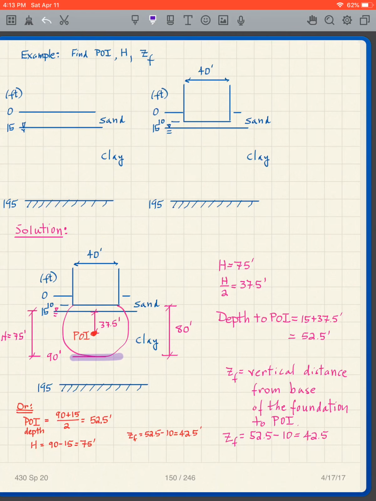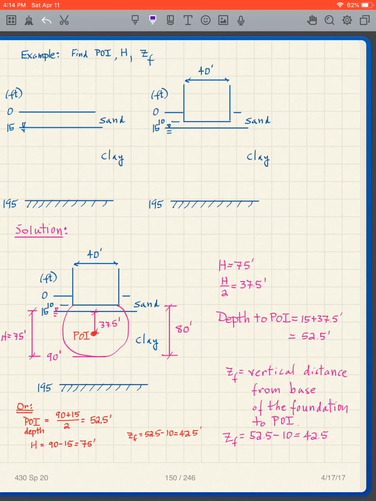The top of the clay is at 15 feet. And we take 90 plus 15 over 2. We get 52.5 for the point of interest depth. And our H is 90 minus 15, 75 feet.